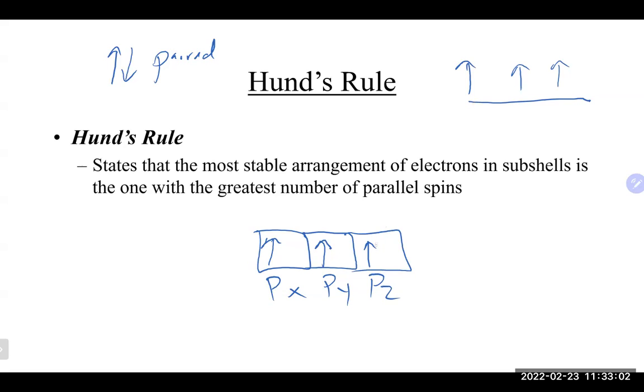You have to start pairing them up. And we do come back afterwards on the 4th one here and start pairing them up one at a time, coming in this direction. So when we come to subshells that have multiple orbitals, they go in one at a time, and then you come back and pair everybody up. And that's the proper way to distribute the electrons within a subshell that has multiple orbitals. Question on that?